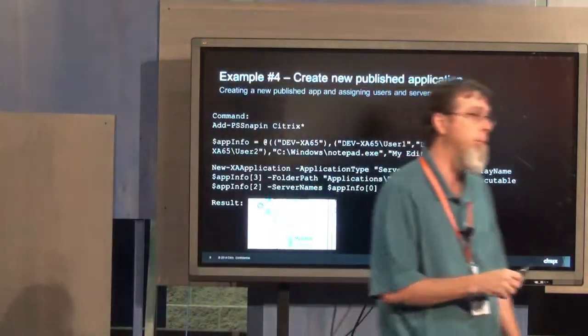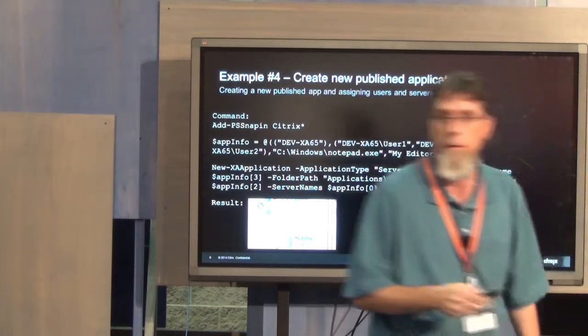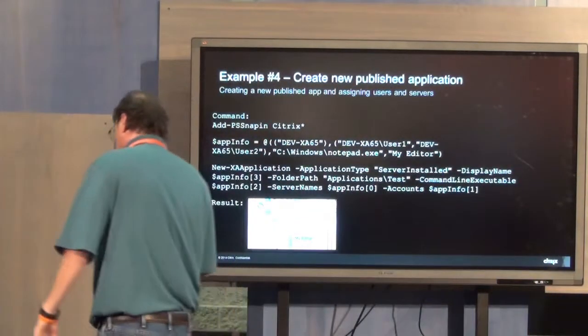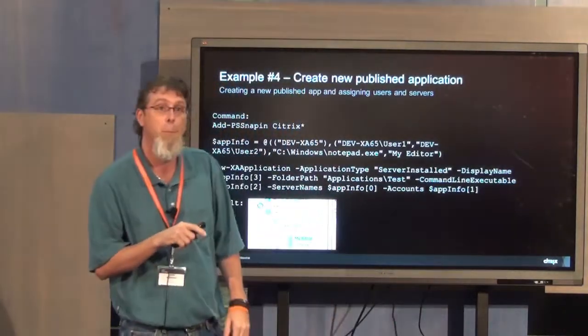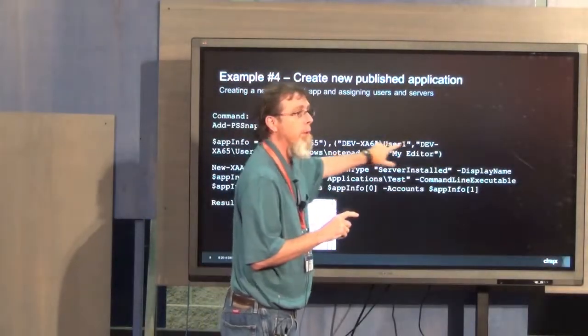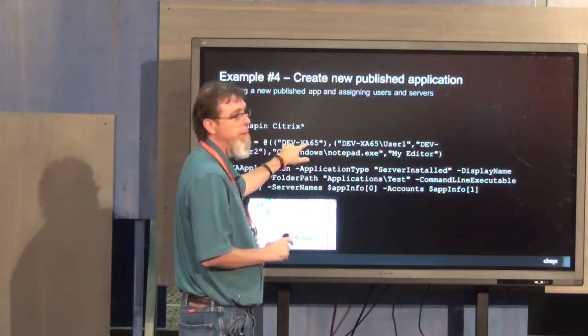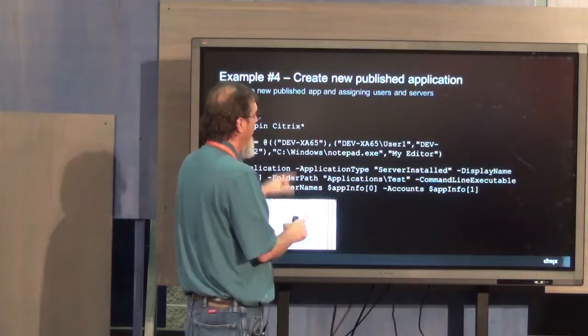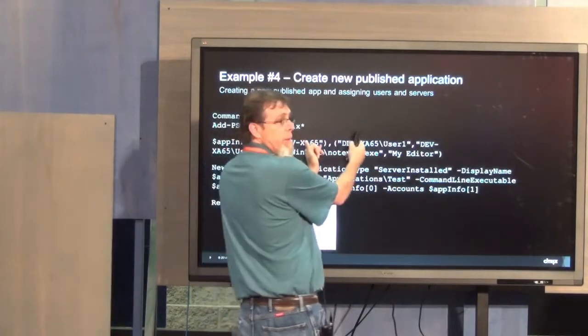What's that? Why does the first one have the parentheses around it? Hey John, can you get the thing on mic so everybody else can hear that? So how about I just repeat it? So he was asking why are there parentheses around here, right? Yeah. So these can be arrays, right? It's the same thing here. You can have multiple values in here, right?